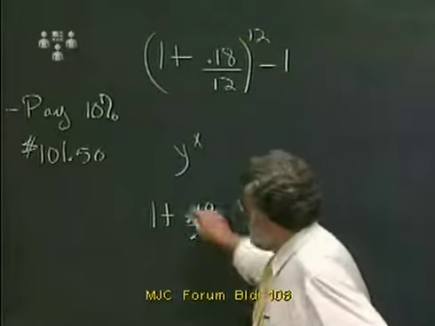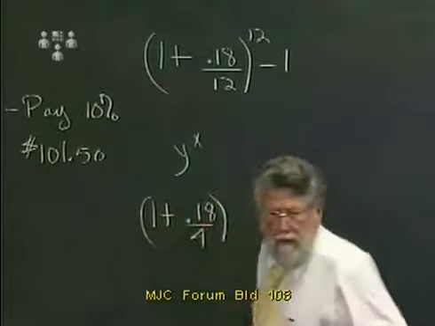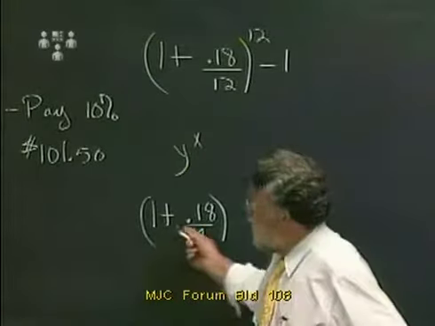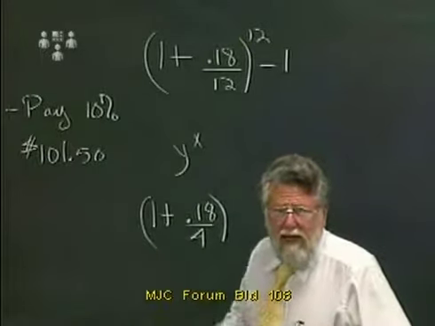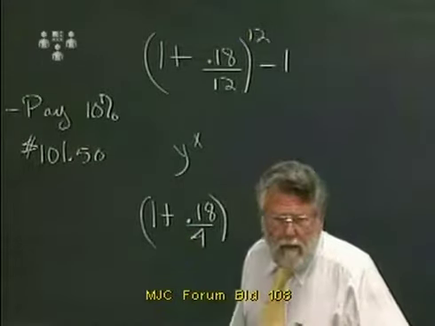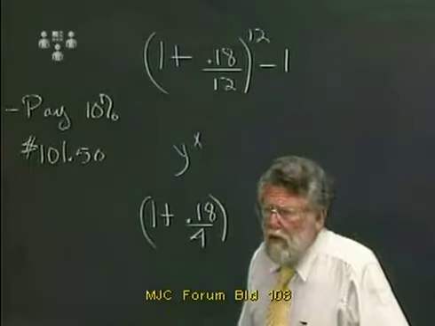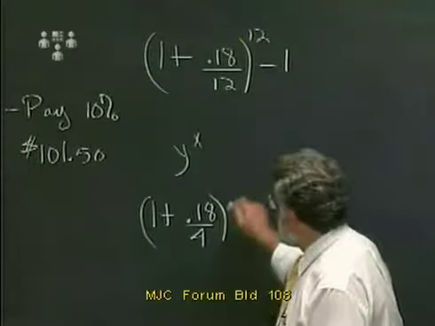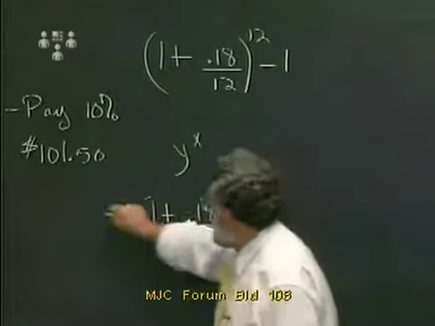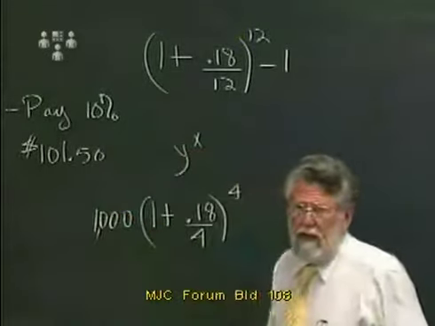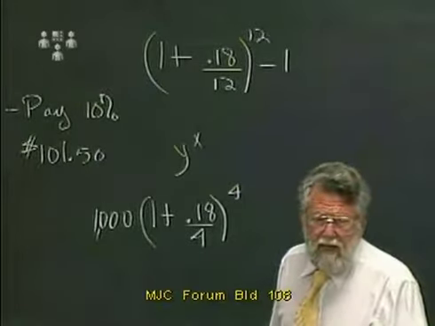And so you multiply this by your balance, your principal, to get how much you would have in a bank account or a money market account at the end of that first quarter. So if you were doing it for the year, you would raise this to the fourth power and simply multiply by the 1,000 you've invested. So that's how we use the y to the x key.